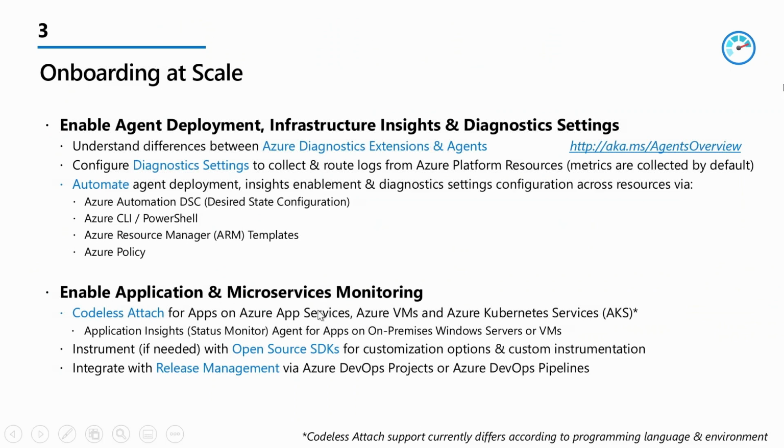So if you have apps running on Azure App Services or Azure VMs or Azure Kubernetes Service, depending on your programming language and exact environment, we do support codeless attach or agent-based mechanism of onboarding. We even have an agent for apps running on-premises on Windows servers or VMs.